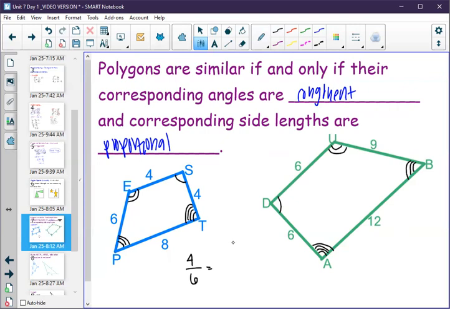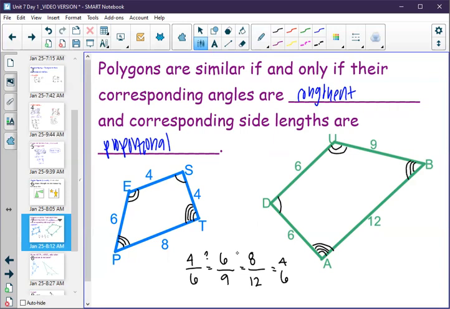And then between a 2 and a 3, I have a 6. Between a 2 and a 3, I have a 9. And then a 3 and a 4, I have an 8. 3 and a 4, I have 12. And my last side lengths, I got a 4 and a 6.